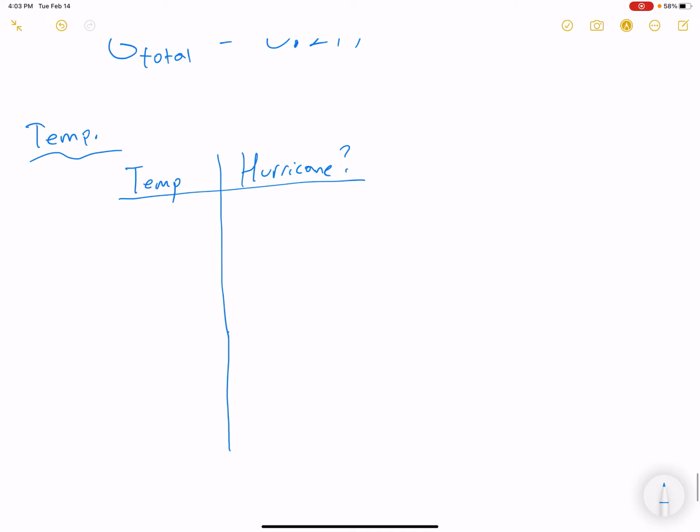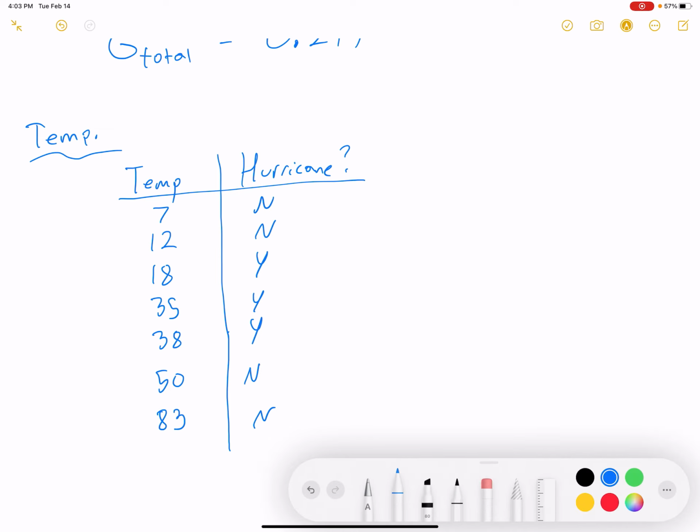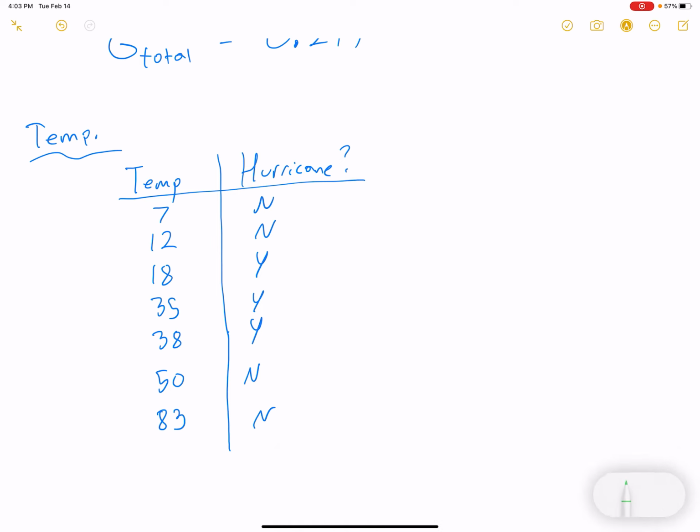So just copying over that part of our data set. 7, 12, 18, 35, 38, 50, 83. We had no, yes, yes, yes, no, no. So what we want to do is look at the average value between each of these numbers.